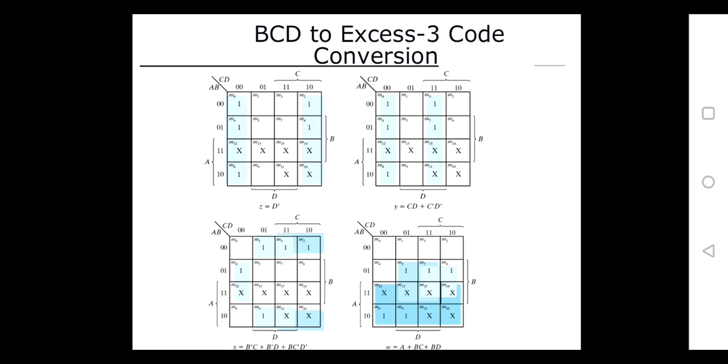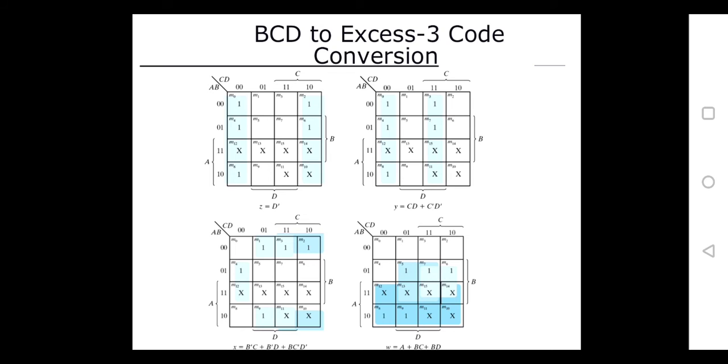Similarly, we have ones at 5, 6 and 7. We cannot group 3 cells; we need to group only in powers of 2. So instead of grouping 2 ones, if we make it a quad, we get 2 variables. So we group 5, 7, 13, 15, which gives BD.